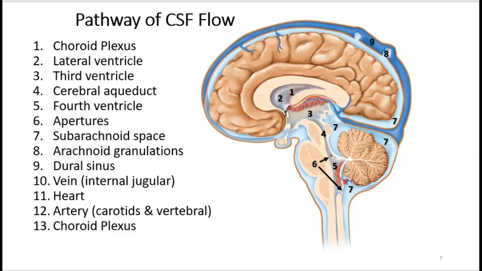It then moves to the third ventricle, the cerebral aqueduct, the fourth ventricle, through the apertures in the wall of the fourth ventricle, and out to the subarachnoid space, where it moves superiorly until it encounters granulations or slits called arachnoid granulations, and is then absorbed into the dural sinus, which is the dark blue. Eventually, the sinuses drain into the internal jugular vein and return the blood, including this reabsorbed CSF, to the heart.